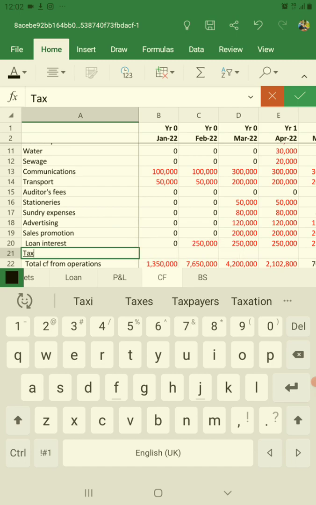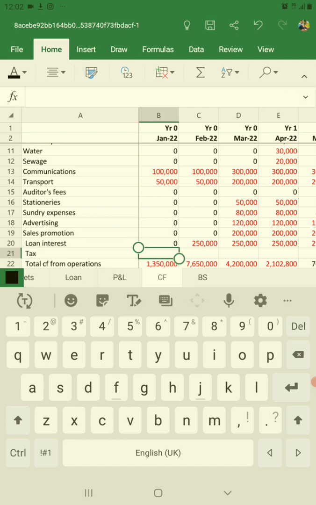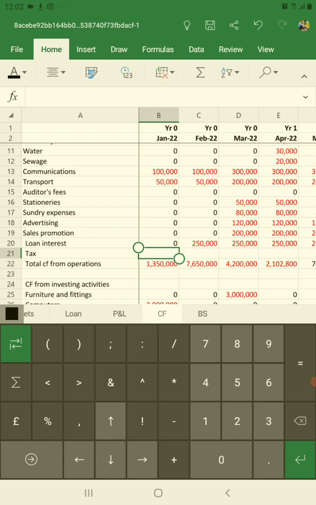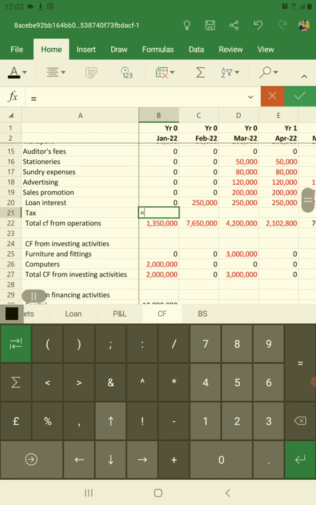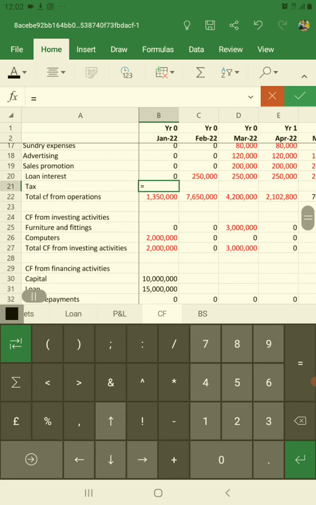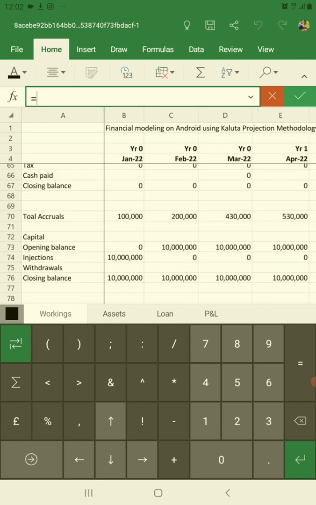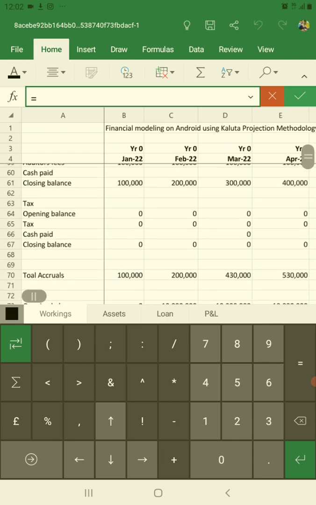Tax payments. Okay, so I put a formula here by starting with equal sign, and then go to my working sheet, pick in the tax area here in January, pick here.